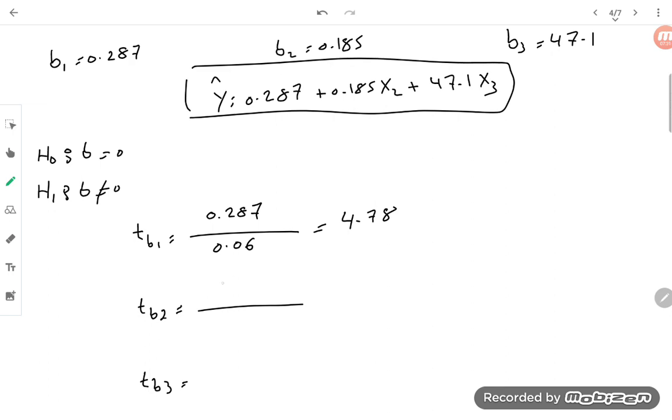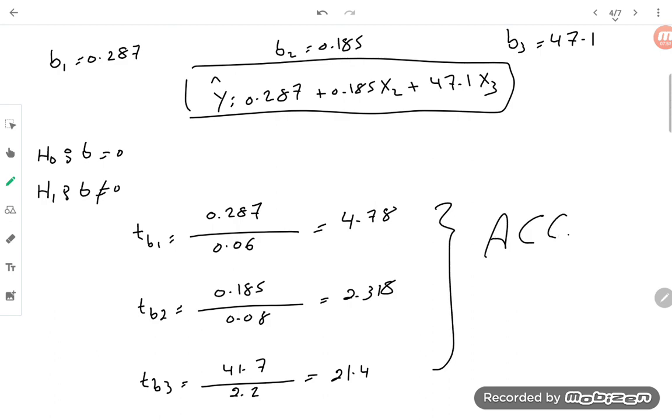For b2 it is 0.185 divided by 0.08, so the value will be 2.318. And finally, for the last one, it's 47.1 divided by 2.2, so the value is 21.4. In the 3 cases, we are going to accept H1, which means each has a significant impact on Y.